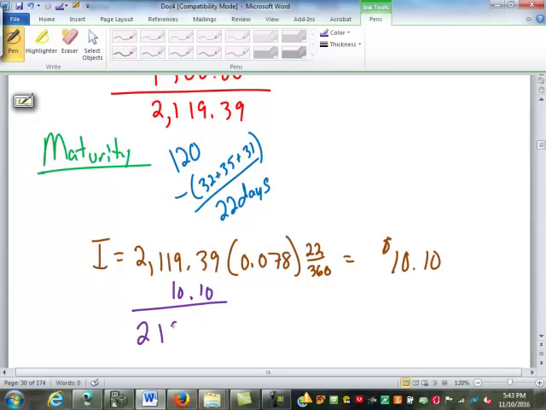This $2,129.49 is the balance due at maturity.